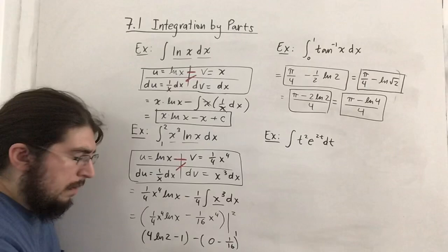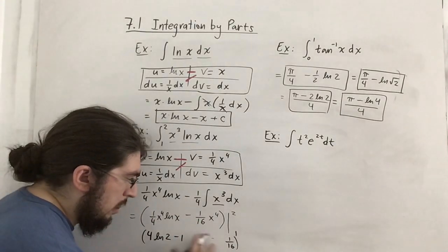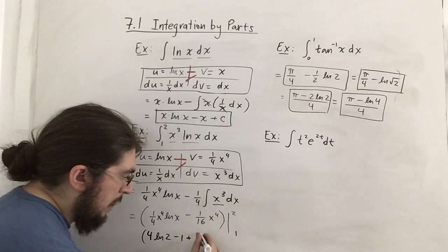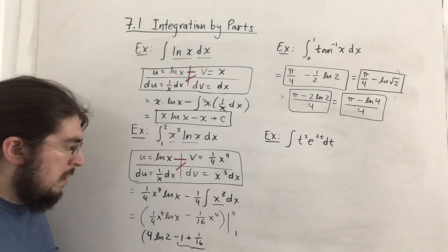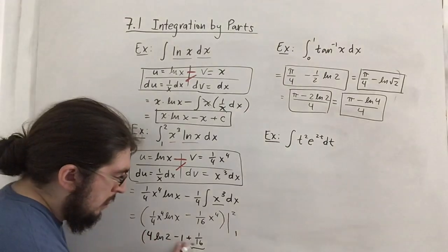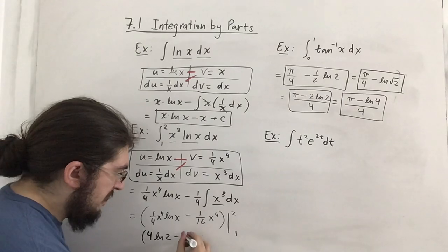So in total, I'm going to erase as we go along a little bit, just because of space. And in total we have double negative, which is positive 1 over 16, and these two actually combine. Negative 1 is negative 16 over 16, so they combine to negative 16 plus 1 over 16, which is negative 15 over 16.